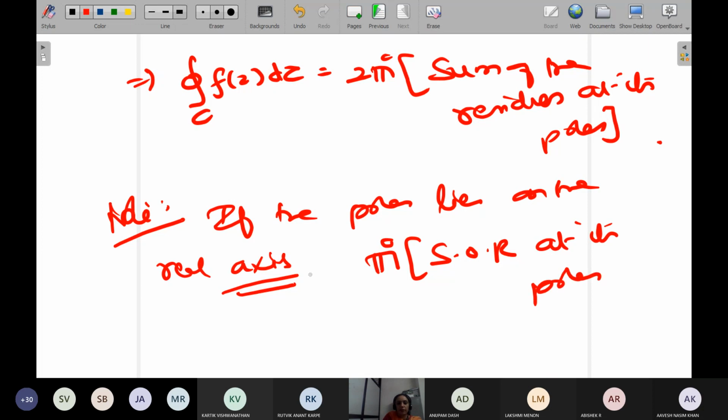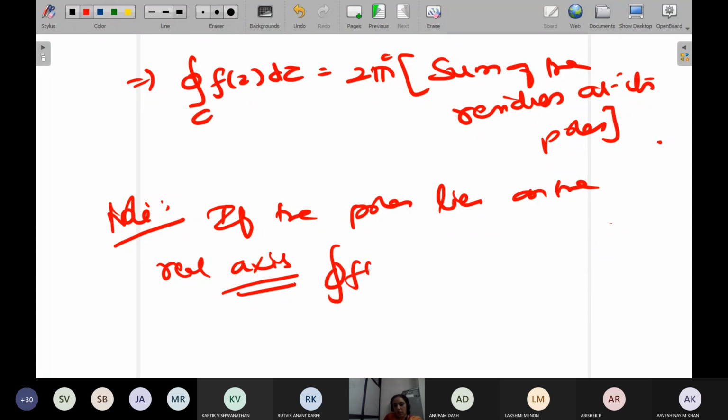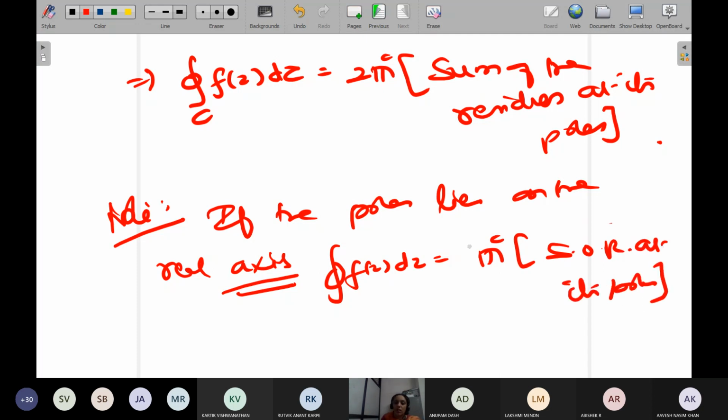So I'll write it fully: closed integral f of z dz will be equal to pi i into the sum of the residues at its poles. If the poles lie on the real axis, it is only pi i. Just remember this. In general, it is 2 pi i into the sum of the residues at its poles.